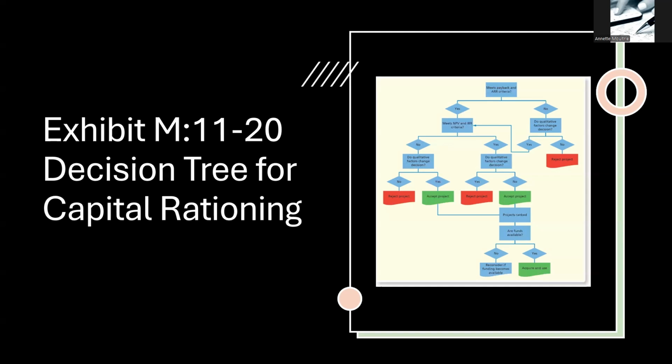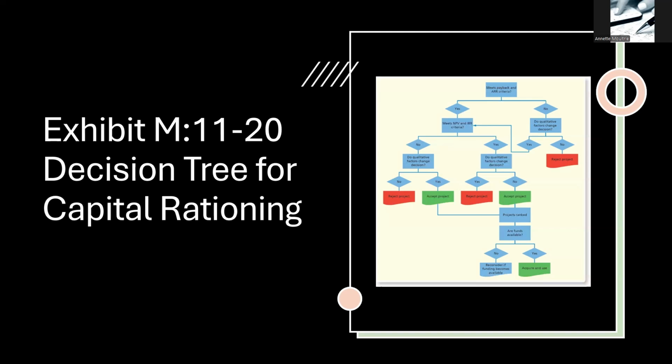So here you see on the screen is the decision tree for capital rationing. With this decision tree, first you determine if the plan meets payback and ARR criteria. If it doesn't meet the criteria, determine if qualitative factors change the decision.